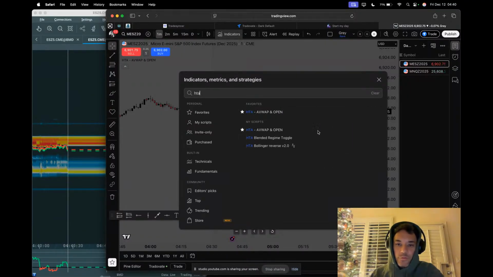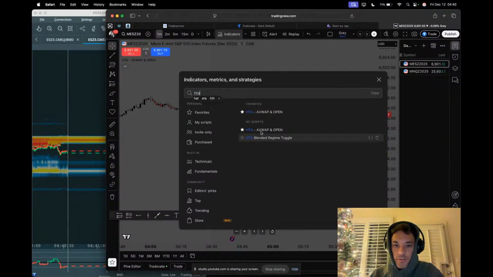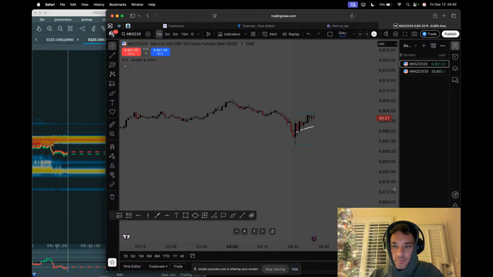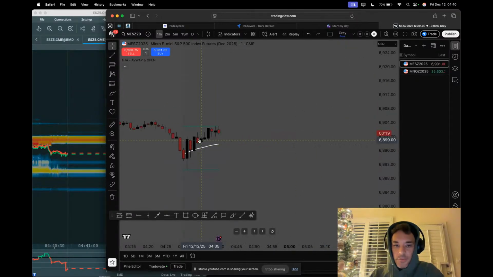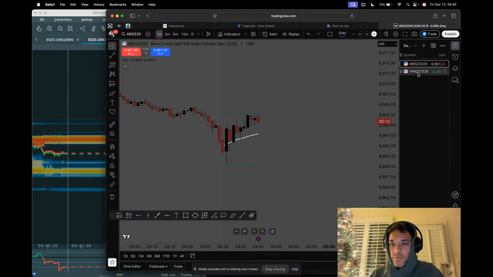We have a few of them here. Probably need to remove this. But HTA Anchor VWAP Open, apply that, and it'll automatically anchor the VWAP to the start of the day, set the range with opening high and close within the first 15 minutes.